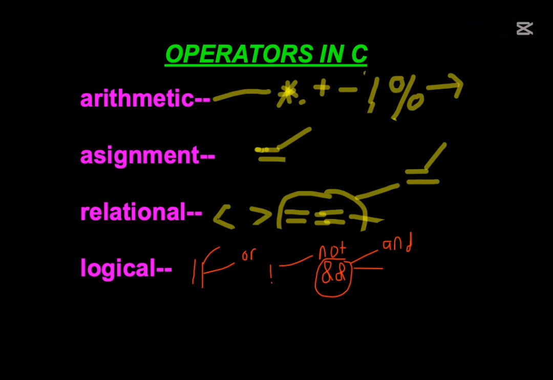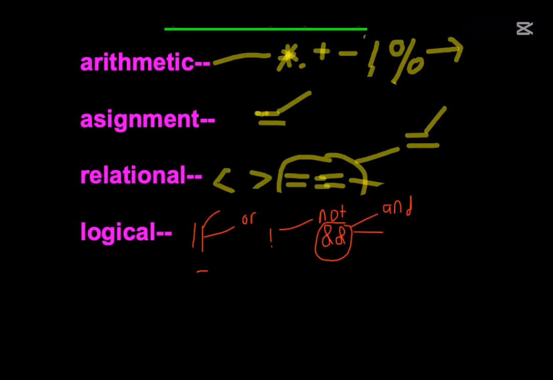So for example, if I'm trying to say a or b, then instead of saying a or b in computer, we usually write a, then we use this, because this is what it means.